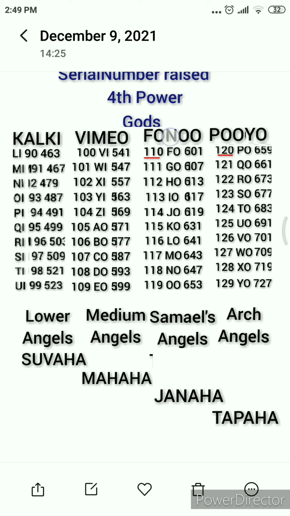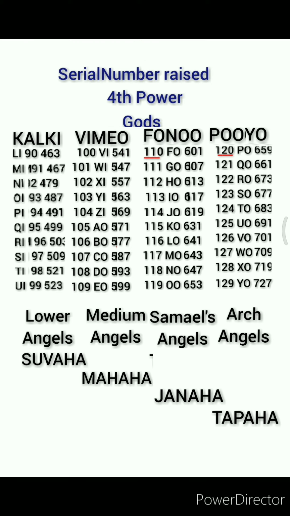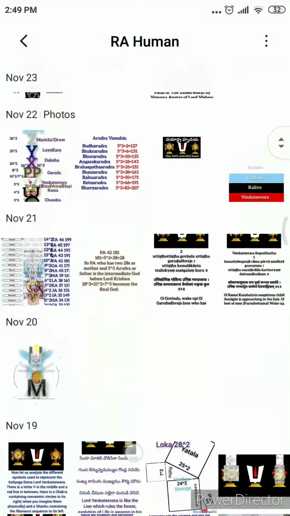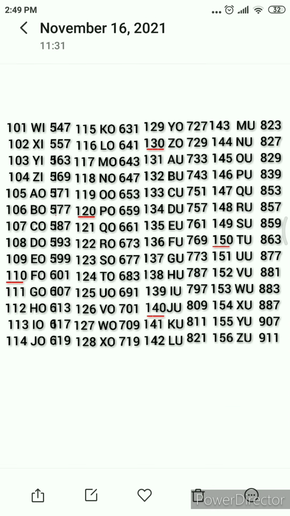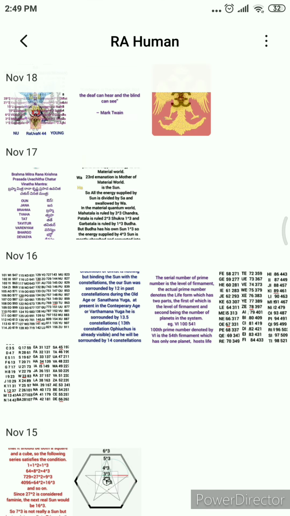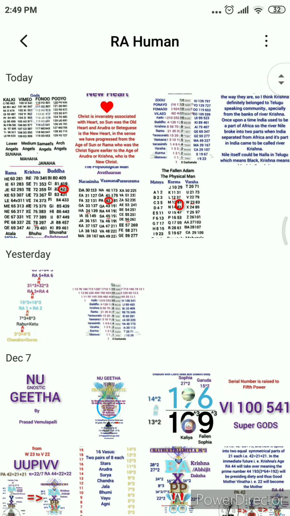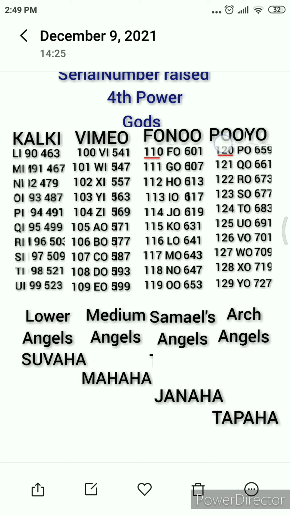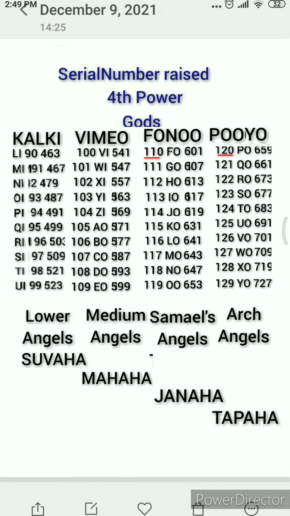In between the loka, the 14th loka is N. And let us check 120, 129 now. 120 is basically PO. 129 is YO. So PO and YO. In between, of course, after N, it will be O. So this is Puyo actually.